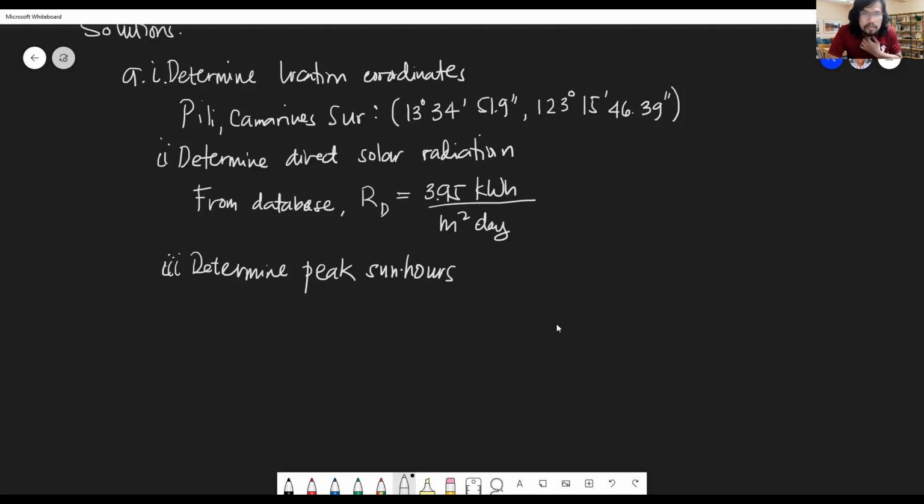And that is actually determined by the same value that we already determined from the database. So actually, the peak sun hours, let's identify it as SH, is equal to what? 3.95 hours.